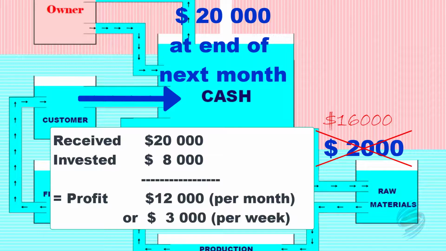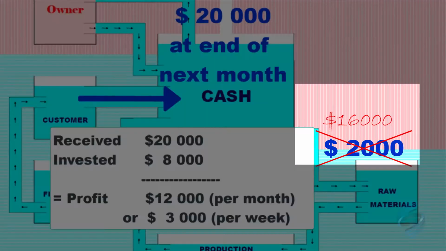They increase the amount that the business requires for this working capital flow. And if the business doesn't have, or this owner doesn't have the $16,000 to invest for these 2 months worth of business, then this business is going to fail because the inflow is not going to happen and the sale is not going to happen.